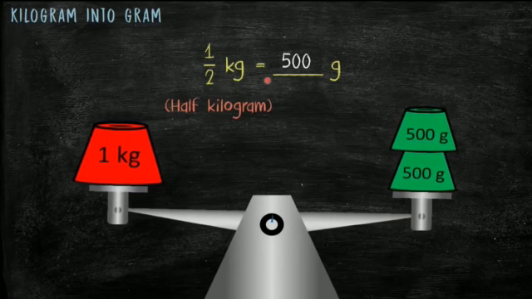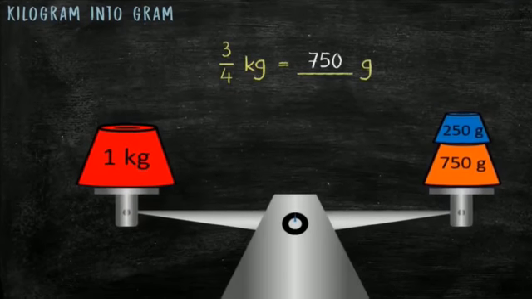Half kilogram is equal to 500 gram. 3/4 kilogram can also be written as 3 upon 4. 3/4 kilogram is equal to 750 gram.